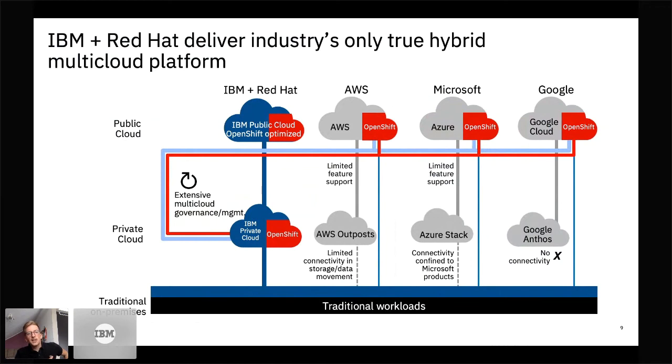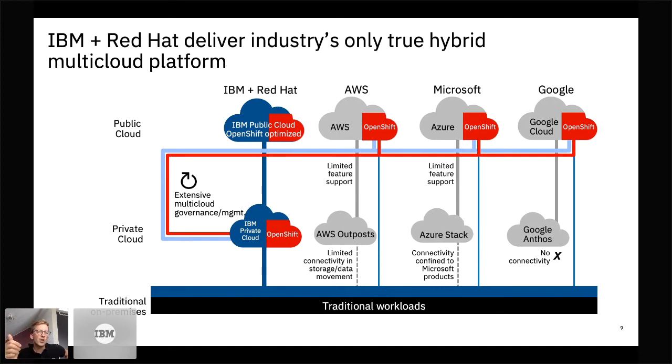And this is how it looks today. On this chart, you can have a really good overview of what both sides bring to the table. Comparing IBM and Red Hat to other cloud providers, you can see that only IBM and Red Hat really offer the capabilities required for being a true hybrid and multi-cloud platform.